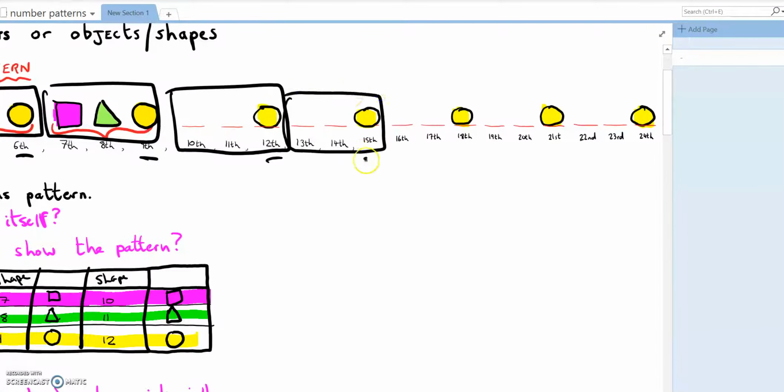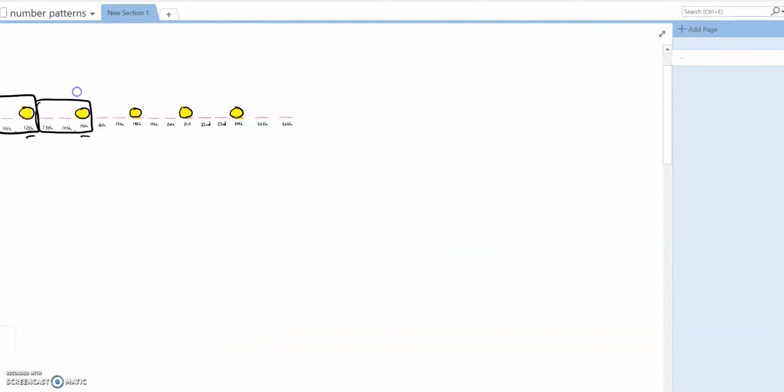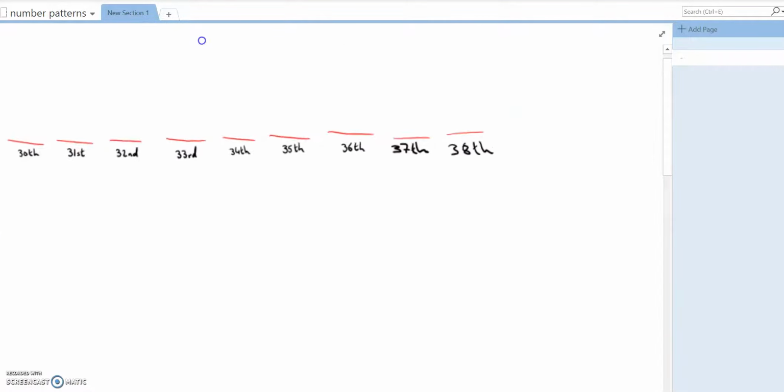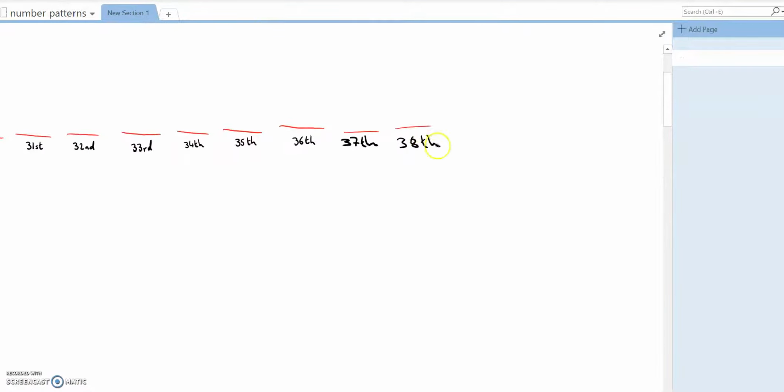the 15th, etc., etc. So if I can find the number closest to 38 that 3 will go into, then I'll be able to figure out what the 38th shape will be.